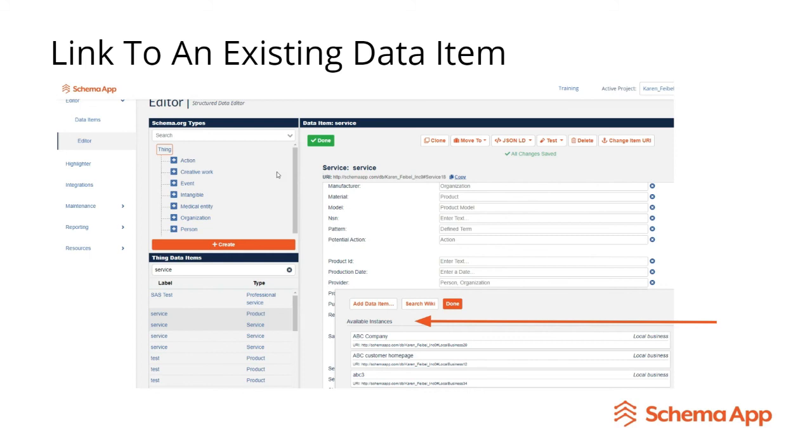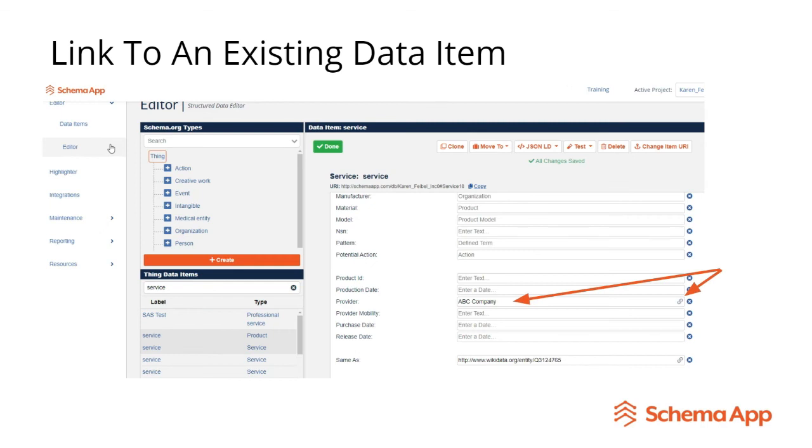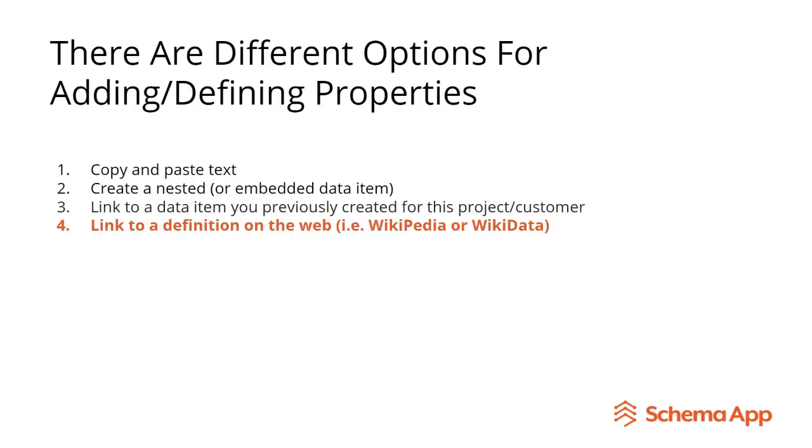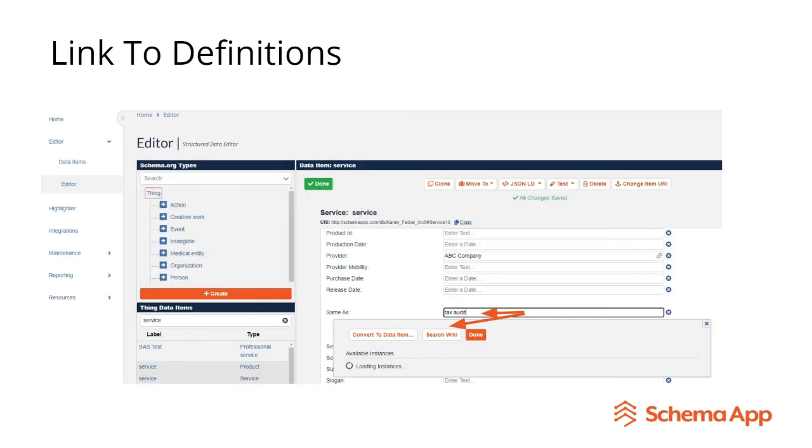You can see how creative I was there. And that will bring that in, and then you can see the link to all of the fields that I would have populated for ABC Company. And lastly, you can link to a definition on the web, either Wikipedia or Wikidata, by typing in the thing that you want to look up, searching Wiki, and choosing the best description for your content.